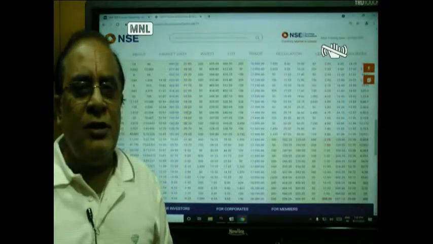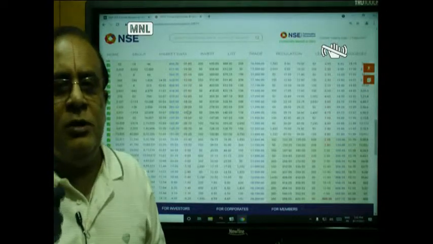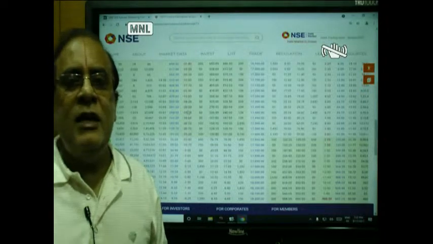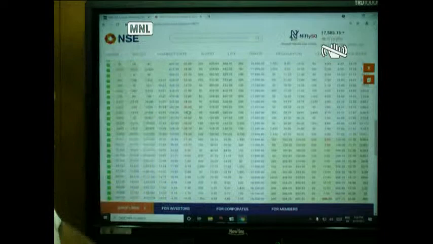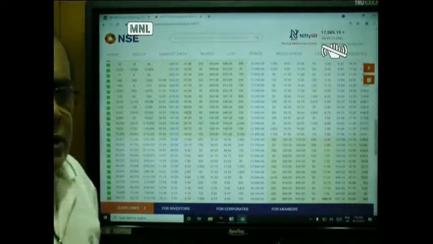So the general suggestion is, since the market is on an upward movement, don't spend too much on the time decay, but only go for something slightly deep in the money in order to reduce your investment. Assuming that you are going for a 17,300 call, you will be paying only 328 rupees.